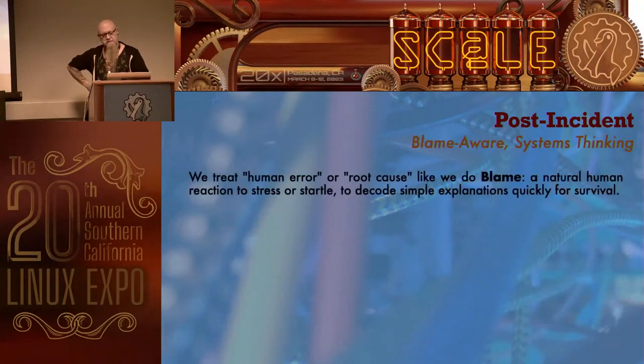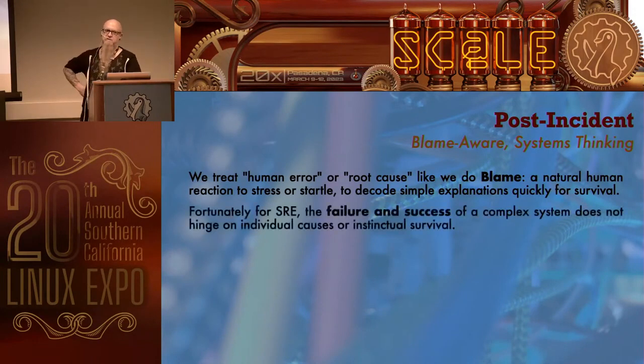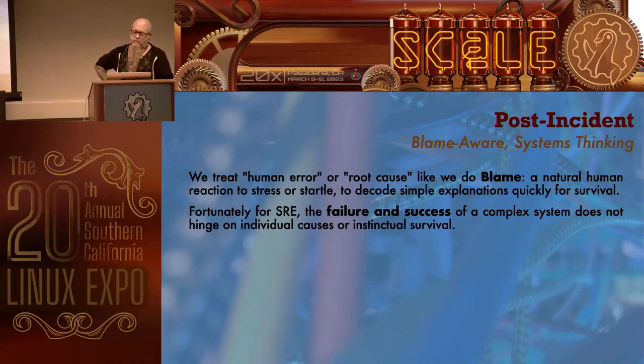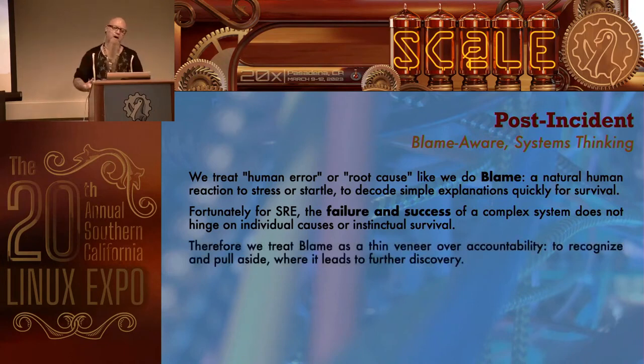Now, finally, when we're responding to incidents and when we're doing post-incident work, we like to be blame aware, and we like to employ systems thinking about what we're doing. When we use words like "human error", I'm sorry, I should put quotes around that, "human error", or "root cause", those are just like blame.